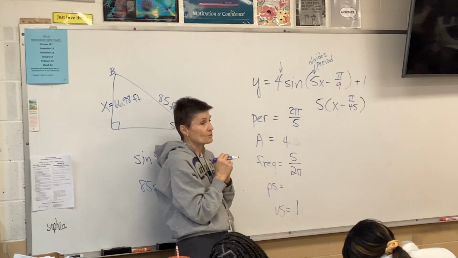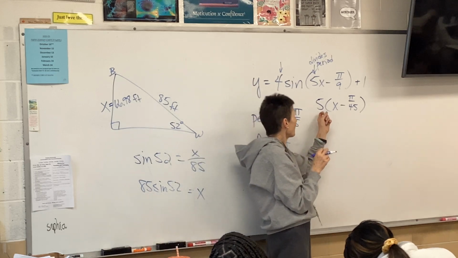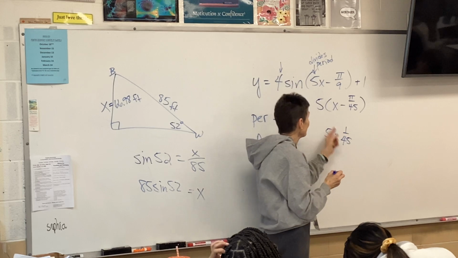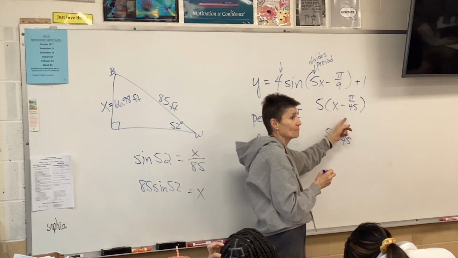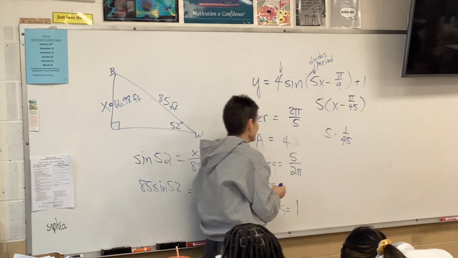Make sure it registers. And what I always tell the kids is, just double check it. What happens if you take 5 times 1 over 45? What does that give you when you multiply this back? 1/9. Isn't that what it's supposed to? Yeah. So what does that tell me then?